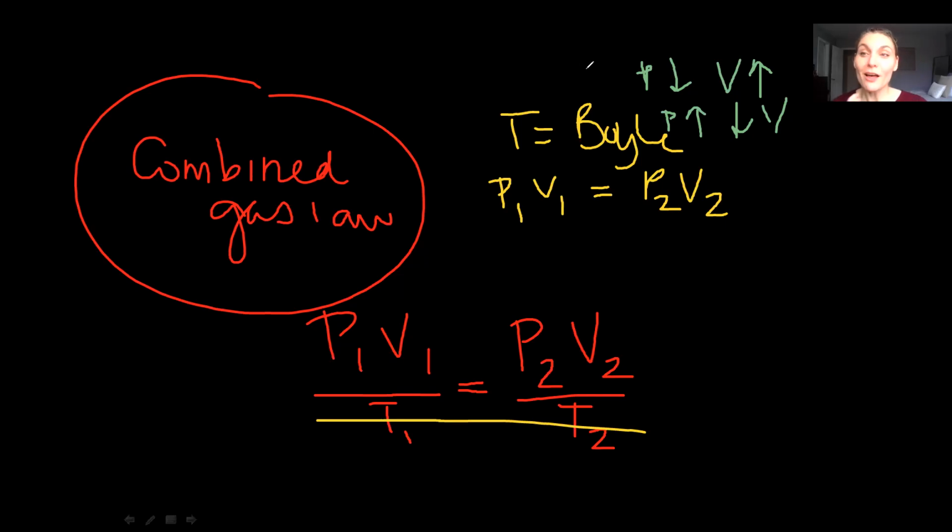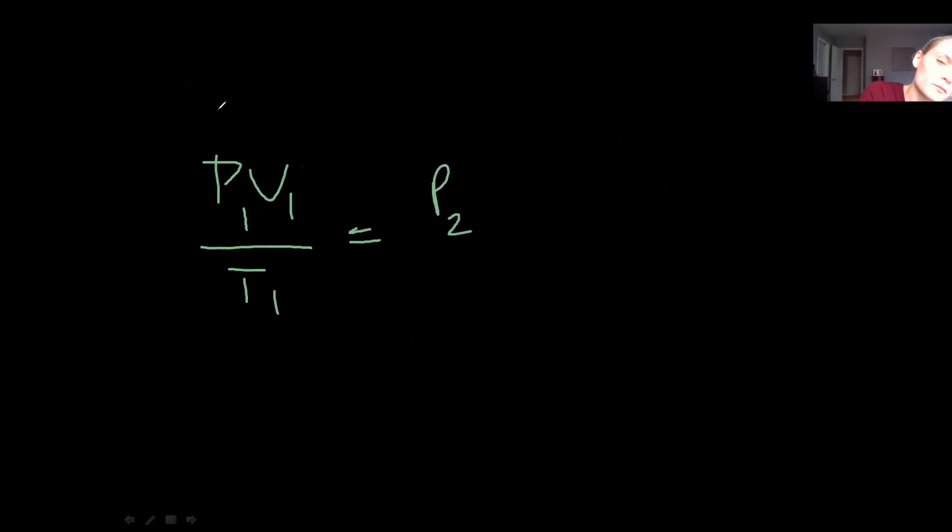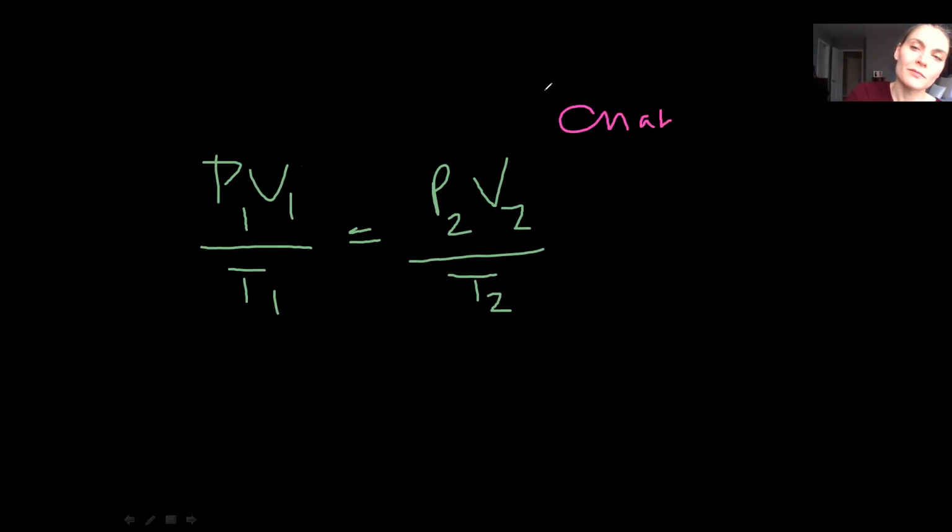Now we have another nice little piece to know. Again, writing out the combined gas law, we have Charles's law. Like I said, when I used to teach chemistry many moons ago, this was a lot more applicable. But I'd say that Prince Charles was under a lot of pressure.